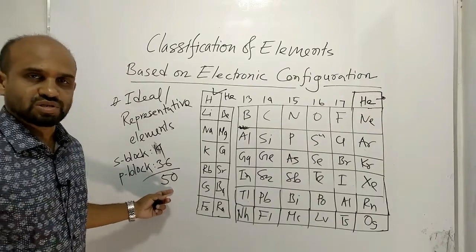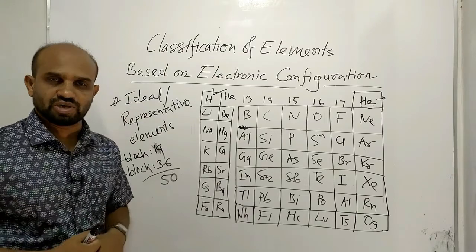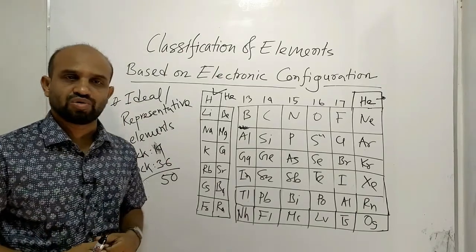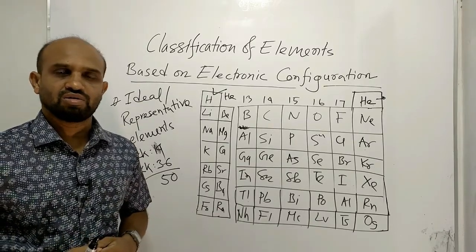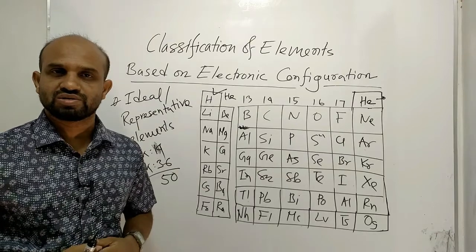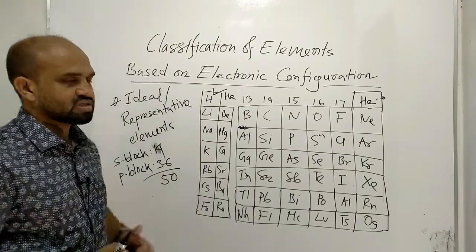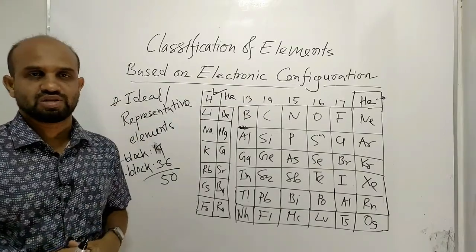These 50 elements are called ideal or representative elements because they follow general rules in filling orbitals with electrons without any exception.